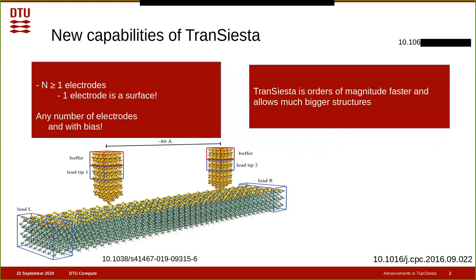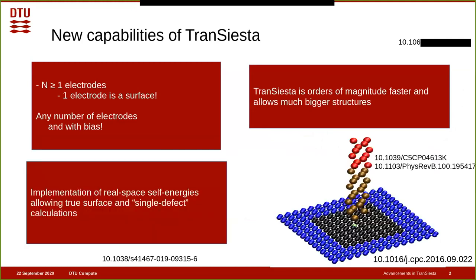So you really have a capability of doing big systems now. A very new implementation is the so-called real space self-energies, which allows us to do true surfaces and true single defect calculations. As Pablo was mentioning, you were still having a transverse periodicity in the regular TranSIESTA calculations, but now we have implemented ways to circumvent these problems.